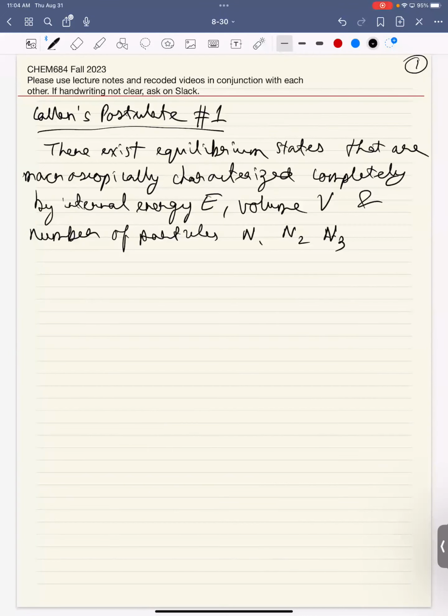It's a multi-component system, right? Otherwise, you can just collectively call this as N. If it's a one particle system, if it's only oxygen, for example, it's just N.